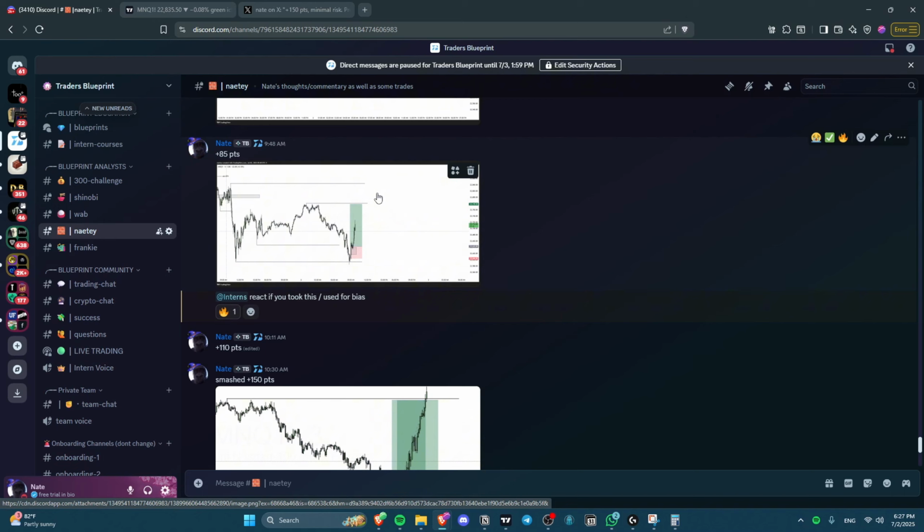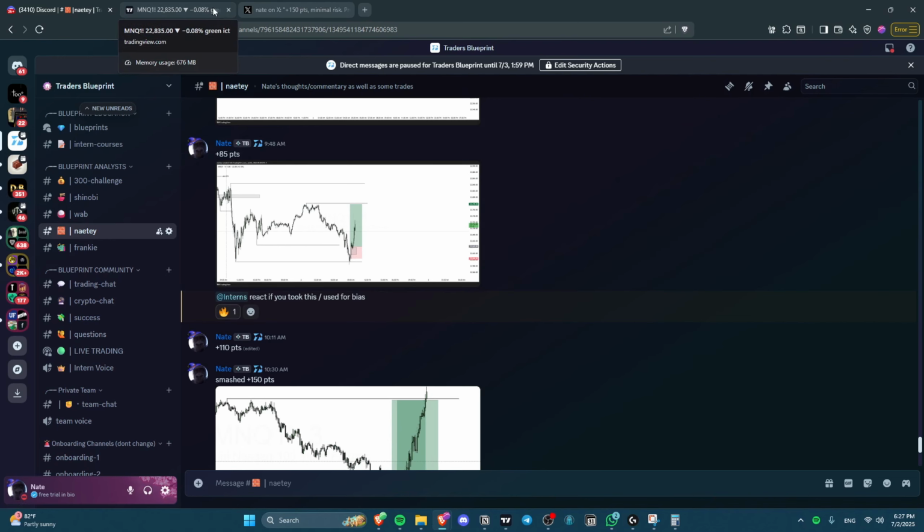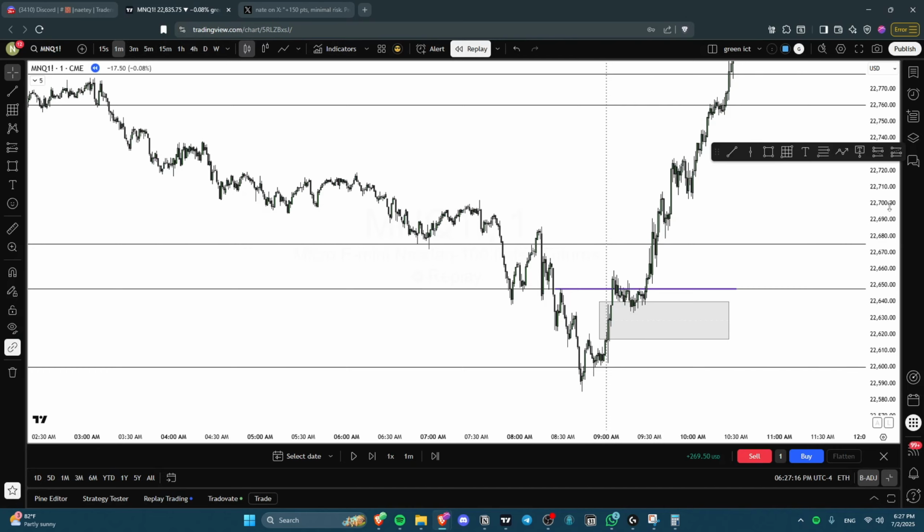You need to go all in, or you need to bet big when you have a good setup present itself, and you need to survive. You need to survive long enough so you can execute well on these trades and catch bangers like this.